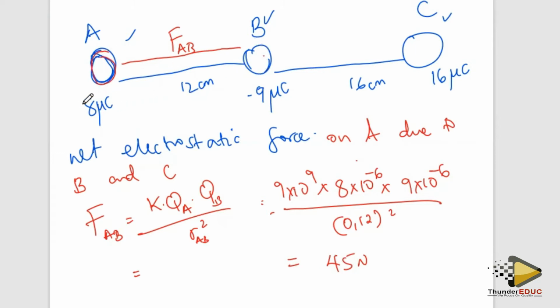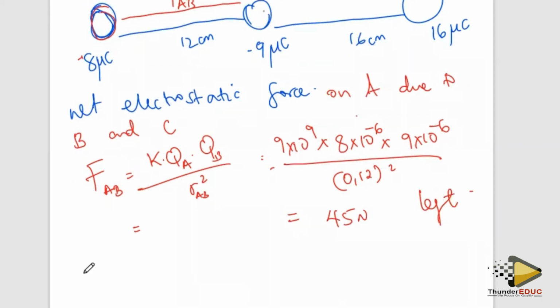Since the charges are opposite, there's going to be attraction. So it's moving to the left. Okay, then I need to find also the force between A and C. So the formula, that is QA QC over RAC squared.